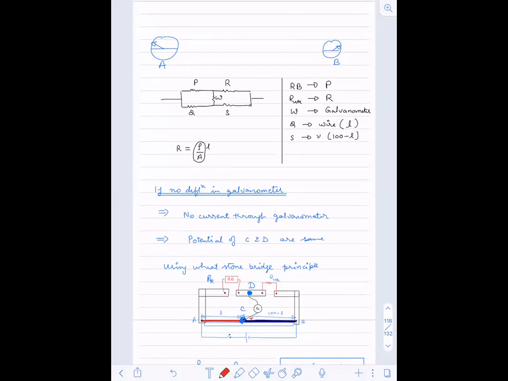So don't forget that point. Don't think that only the resistance from the resistance box, the unknown resistor, and the 2 different lengths of the wire will be resistances. The galvanometer is also a resistor there.